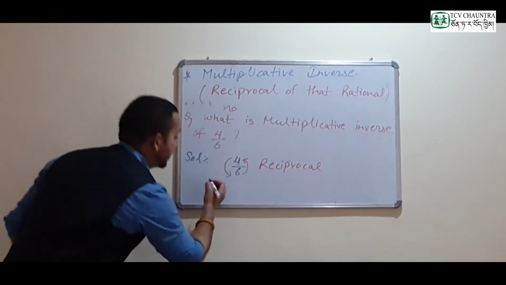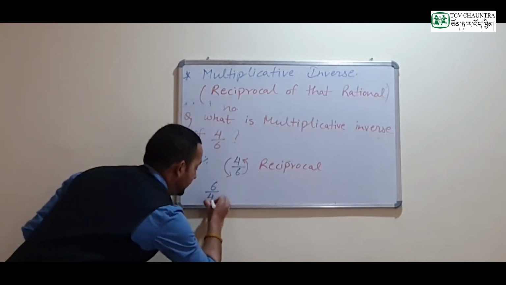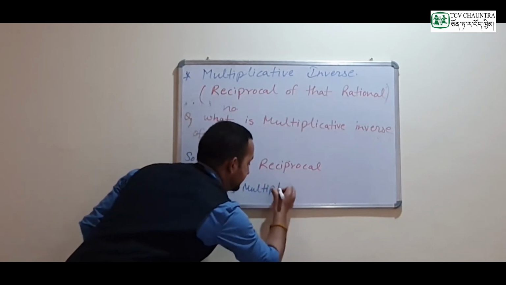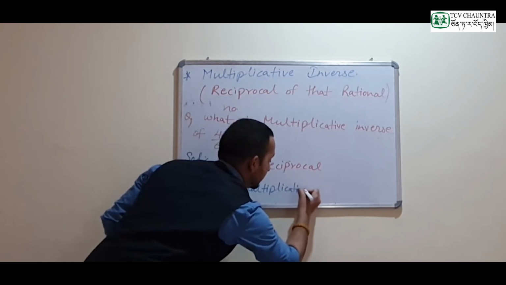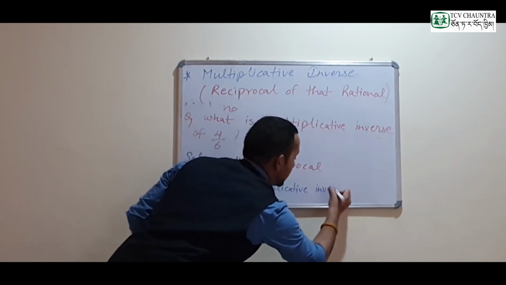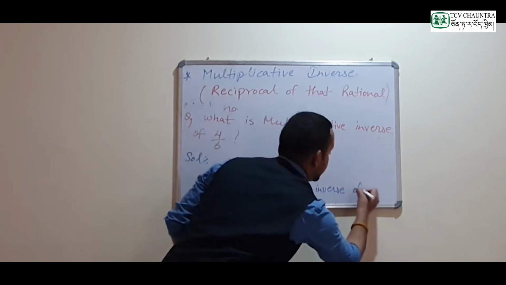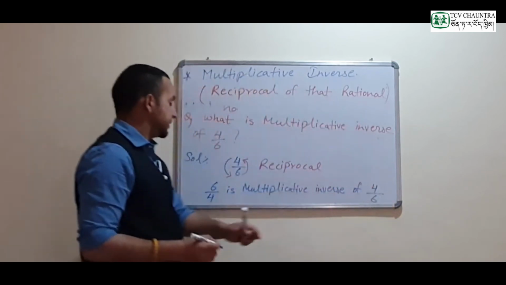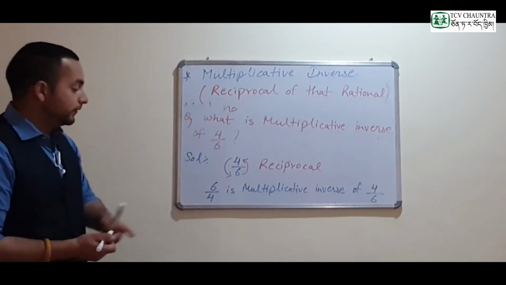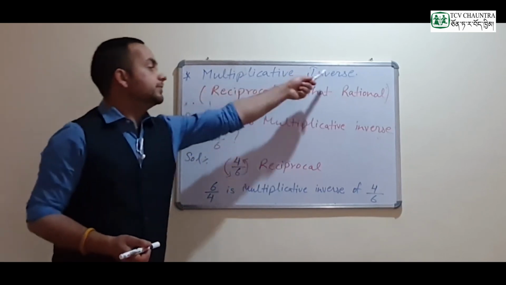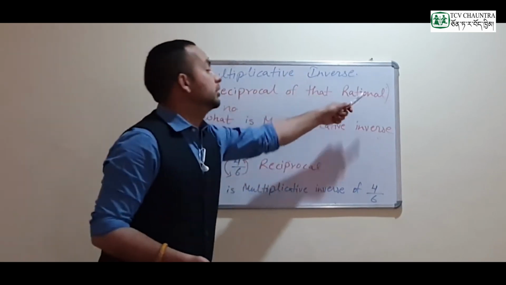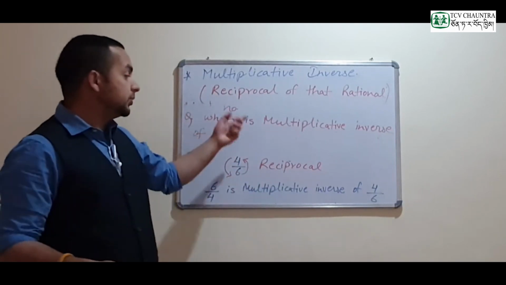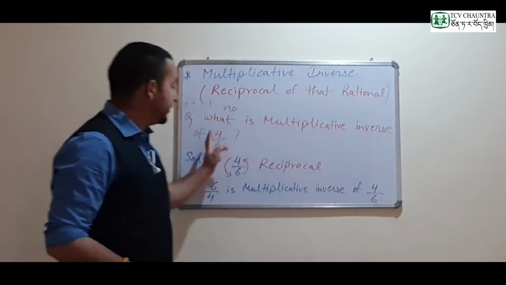So the answer is 6/4. 6/4 is the multiplicative inverse of 4/6.